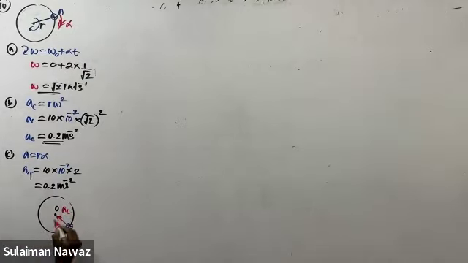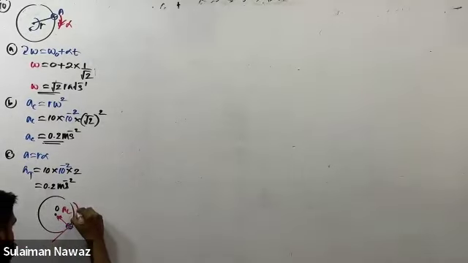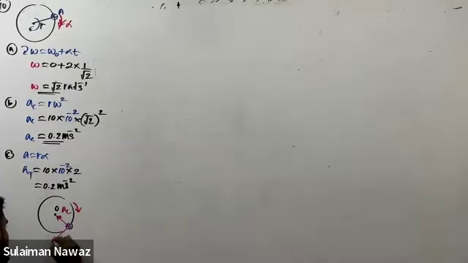This is a_c. And the tangential acceleration direction is always tangent to that particular point. If it is rotating clockwise, this is the direction of tangential acceleration. So what is the conclusion? I will teach the story as a theory, don't worry. The conclusion is that centripetal acceleration and tangential acceleration are always perpendicular.